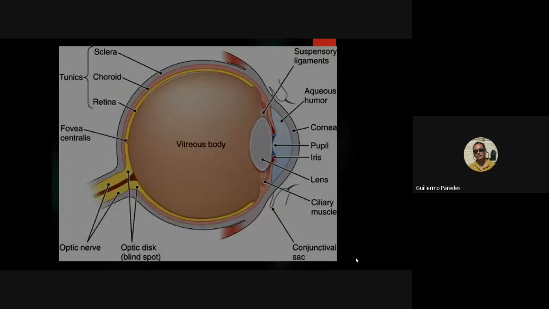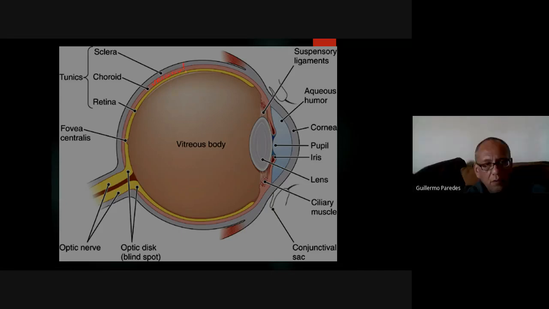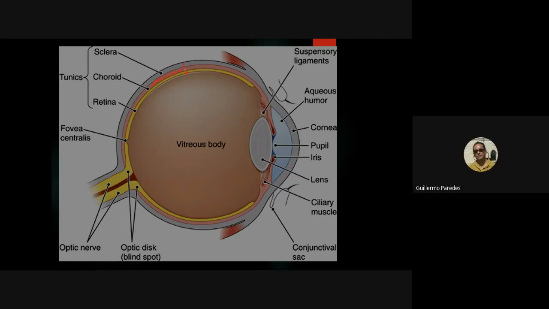Okay? So we have here the choroid membrane that is vascular. That is giving blood supply to the sclera and blood supply to the yellow, that is the retina. So the choroid membrane is a vascular area. How can you make that evident?